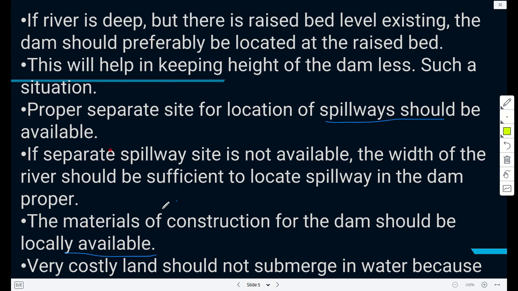All these might help to explain topography, but if you talk about foundation or geological factor, even the availability of space to build a spillway is a separate factor.